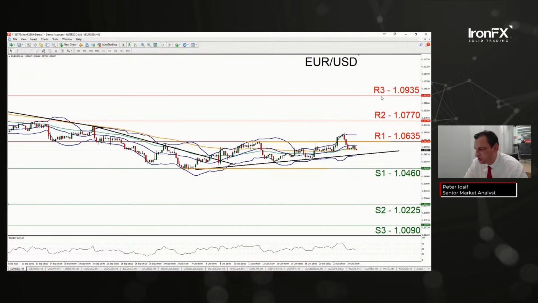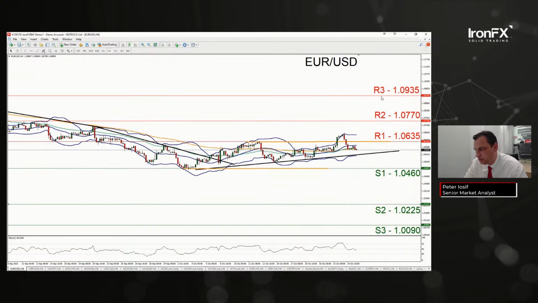On the other hand, should the pair once again be able to breach above the R1 1.0635 and start aiming actively for the R2 1.0770, then we would be talking about a possible bullish outlook. Mind you that we have ECB's interest rate decision tomorrow, which is going to be quite interesting and may create substantial volatility for the pair.